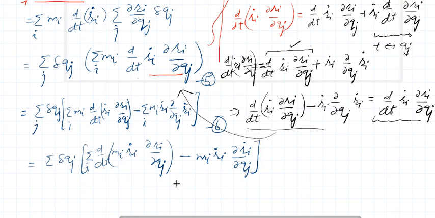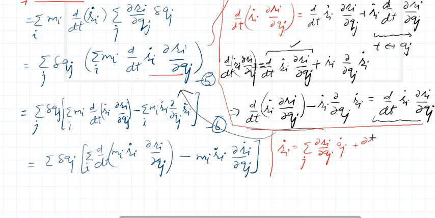And to incorporate kinetic energy here, let me do a little more algebra. I know that Ṙi is equal to the summation over j of ∂R/∂qj times q̇j, plus ∂R/∂t.